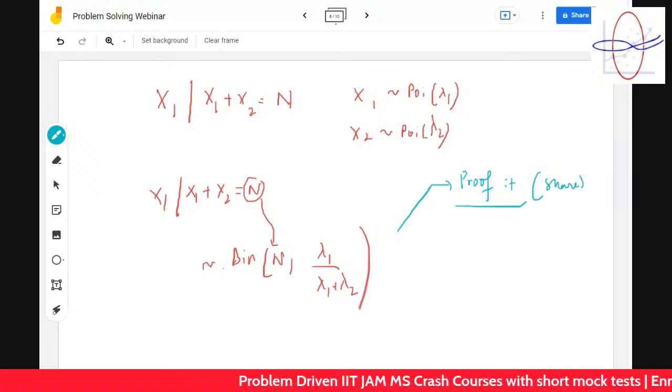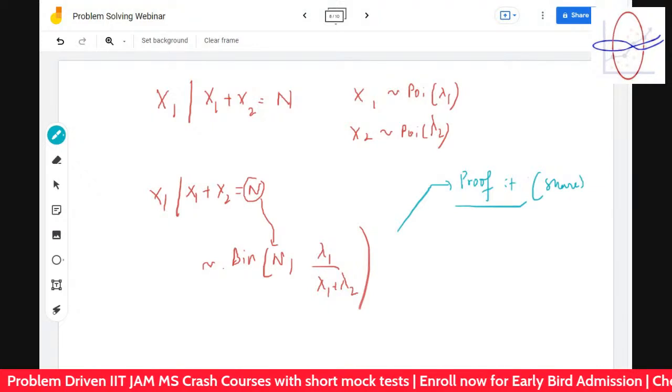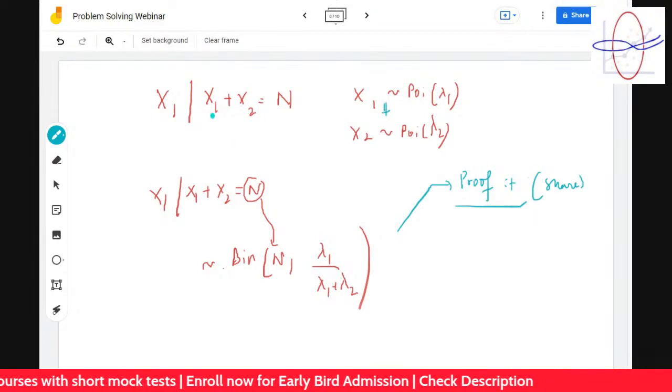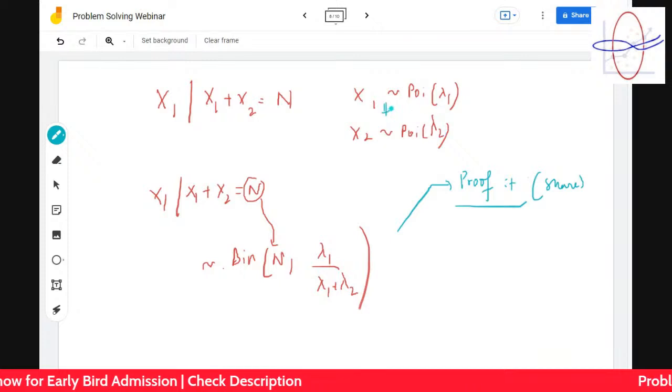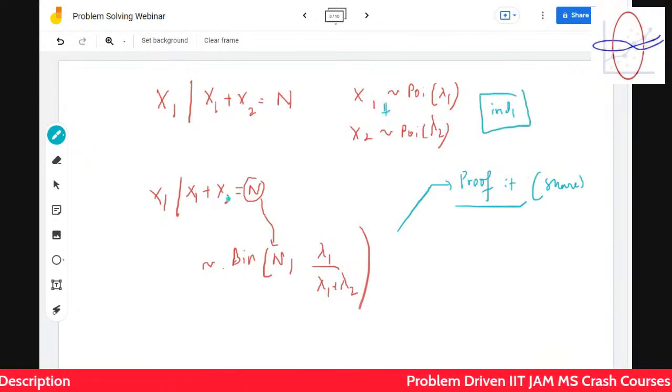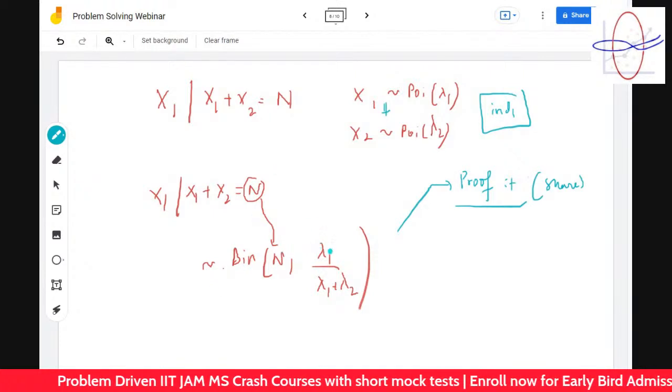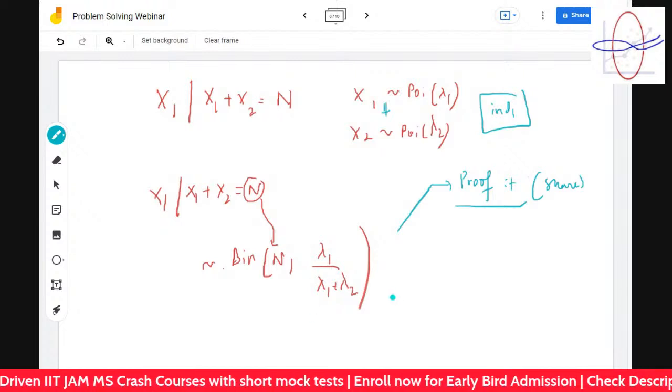Oh, by the way, X1 and X2 are independent, so that is important. You prove that if X1 and X2 are independent Poisson lambda 1 and lambda 2, then X1 given X1 plus X2 is equal to capital N follows binomial N comma lambda 1 by lambda 1 plus lambda 2.